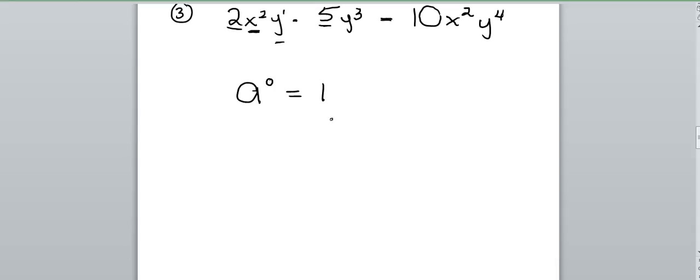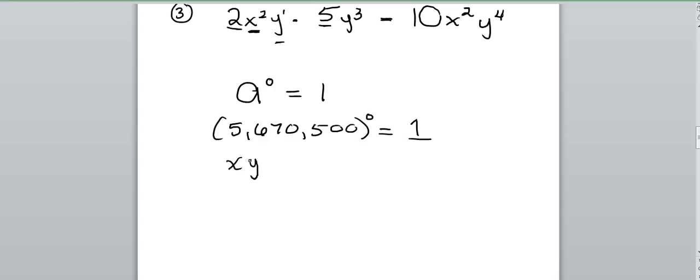Anything raised to the 0 power equals 1. 5,670,500, how much I wish was in my bank account, raised to the 0 power, but I don't want you to raise it to the 0 power, is 1. Doesn't matter what it is, a complicated variable times 3 minus 5, 2, 3, 1. If it's raised to the 0 power, then it equals 1.